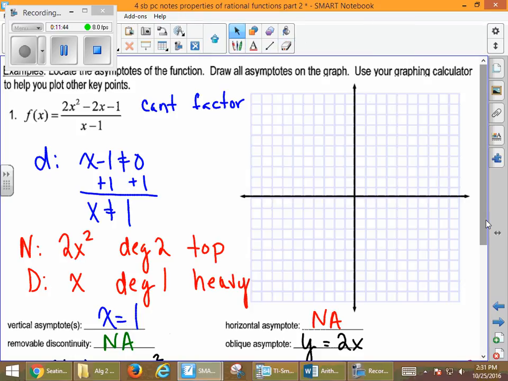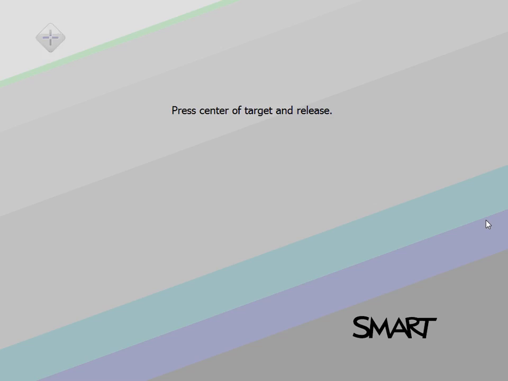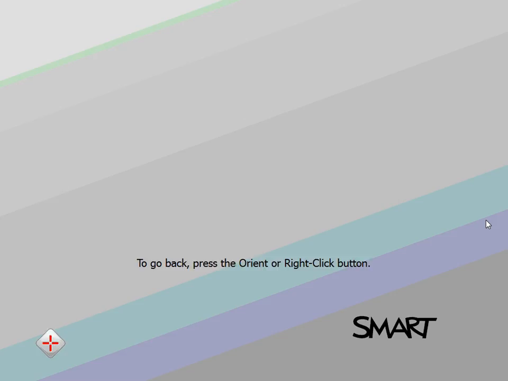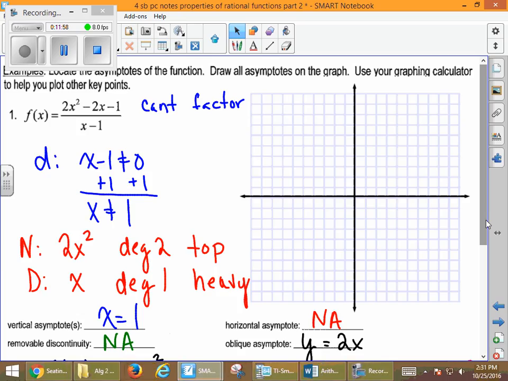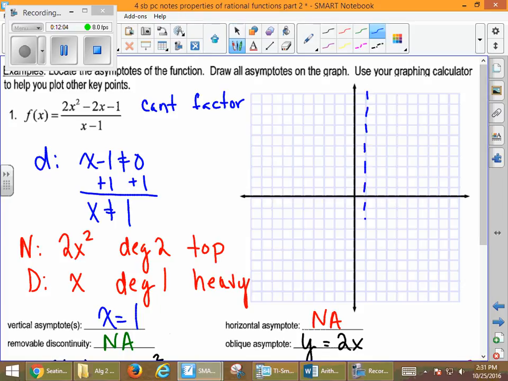I'm really sorry, video people watching the video, but I need to orient this board. So let's put in the vertical asymptote. There's the vertical asymptote, x equals 1.